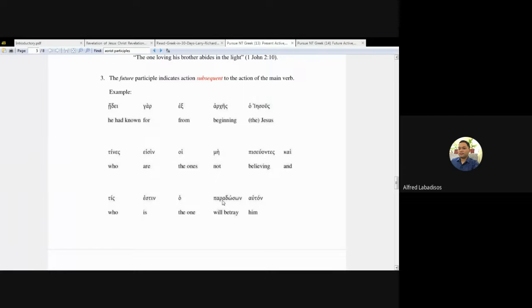For example, we have ede gar ex arches ho Iesous tines eisin hoi me pisteuontes kai tis estin ho paradosōn auton. Okay? So you have here participles, this one, pisteuontes. Pisteuontes is a participle. The literal translation is: he had known from the beginning, Jesus, who are the ones not believing and who is the one who will betray him.